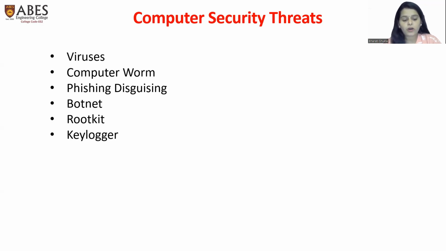It keeps a record of all the keystrokes made on the user's keyboard. For example, if you are typing your ID and password with the help of the keyboard, the keylogger can capture our ID and password and access our important information.